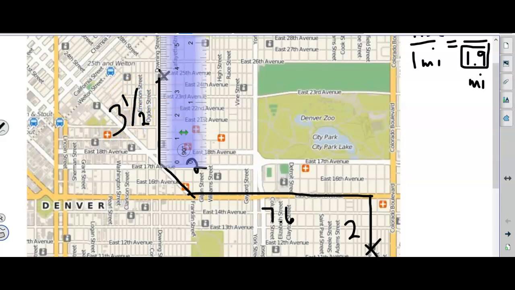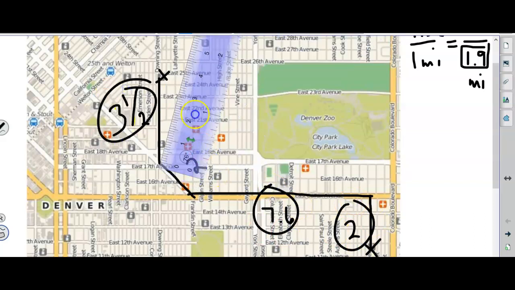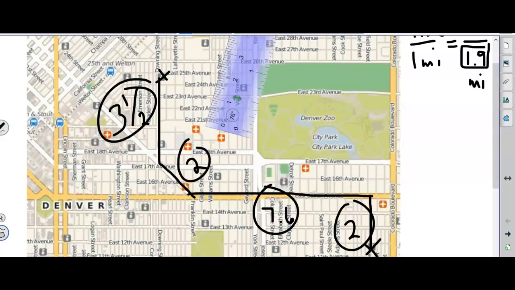So I'm going to just add all of these up. That gives me 5.5, 6, 13, about 15.1.